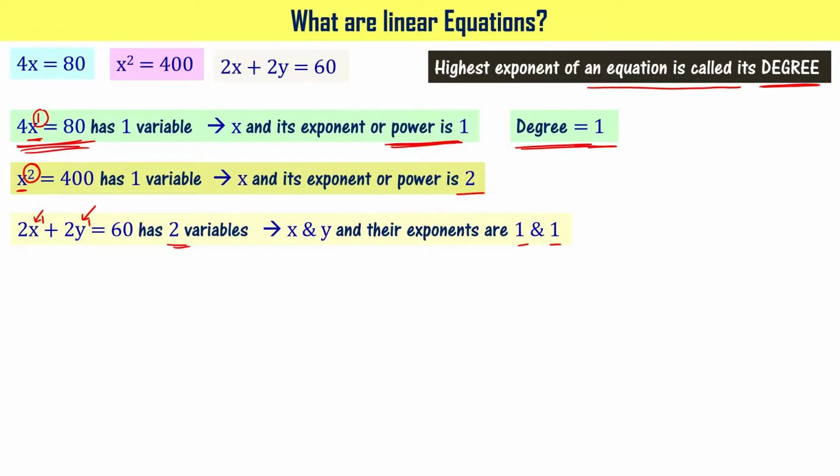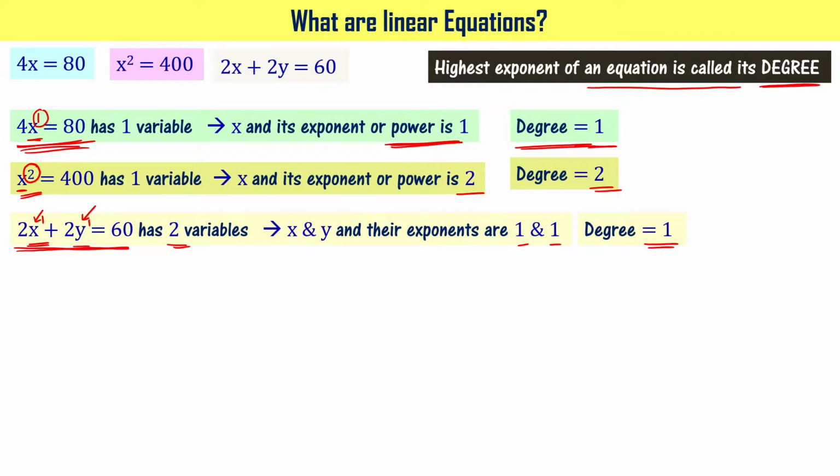Here we have seen that the highest exponent is 2, right? That's why we say that the degree of the second equation is 2. When you look at this, here exponent is 1, here also exponent is 1. So the highest exponent of this particular equation is 1. That's why we say that the degree of this particular equation is 1.